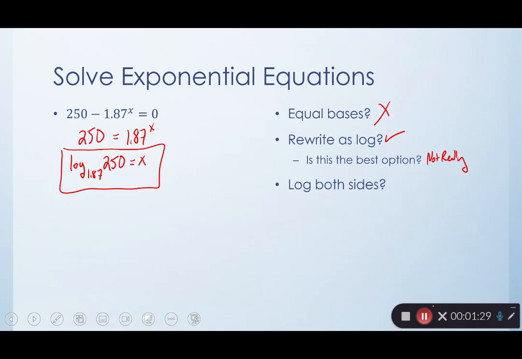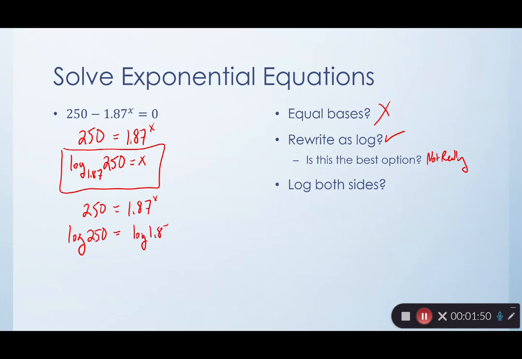Well, it's going to be that mental trick from earlier, which is to take the log of both sides. So we're going to go back to this 250 equals 1.87 to the x. We're going to take the log of both sides. Your favorite log, common log or natural log, it doesn't matter, as long as you do the same thing to both sides.